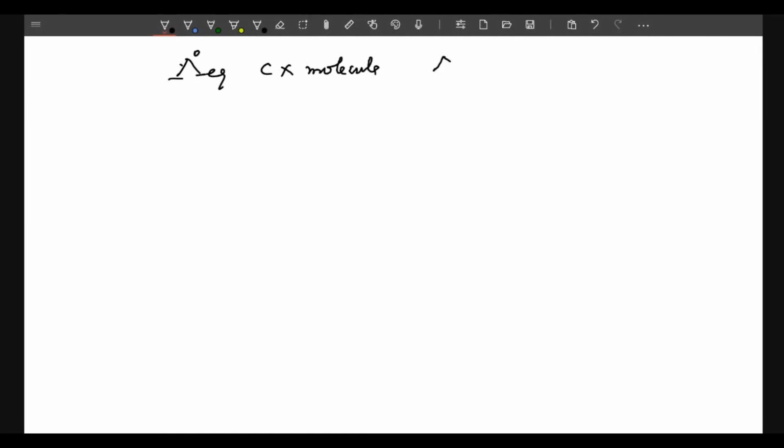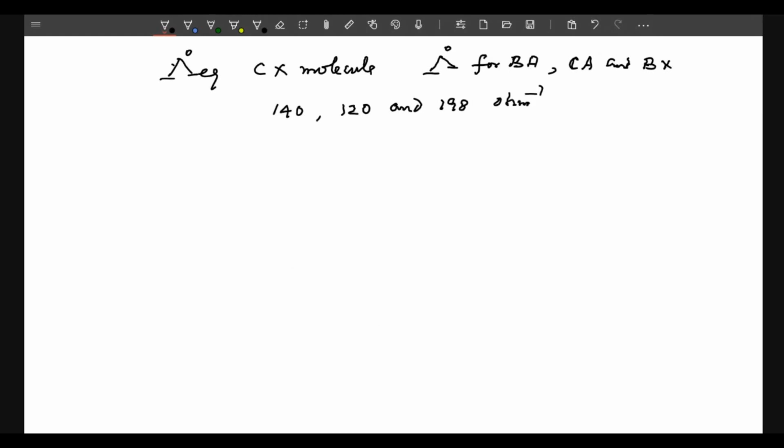Given lambda naught for BA, CA, and BX: 140, 120, and 198 ohm inverse centimeter square per equivalent.